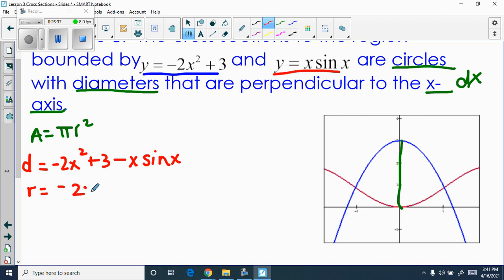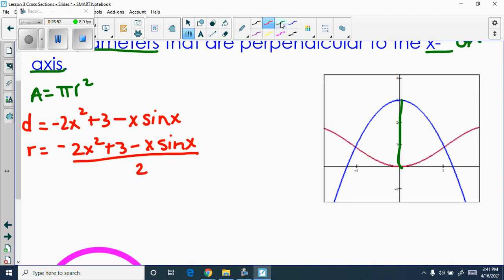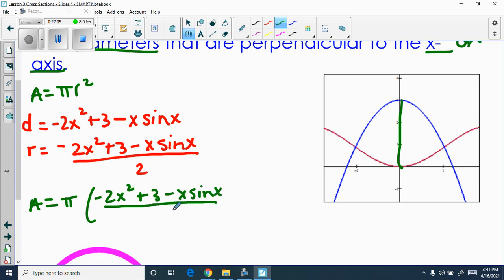So I'm going to take that whole thing and divide it by 2. Now that I've got my radius, I'll stick it into my formula. So I'm going to have area is equal to pi times negative 2x squared plus 3 minus x sine of x, over 2, squared.